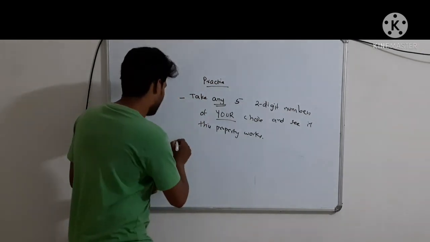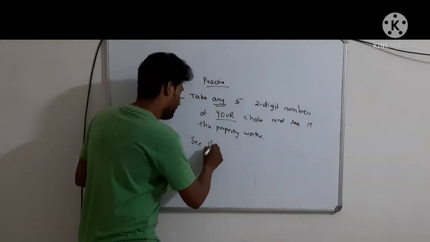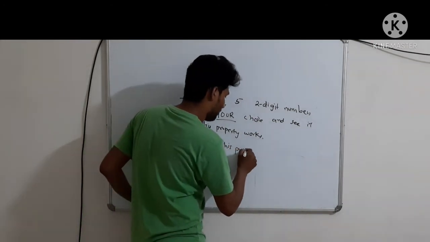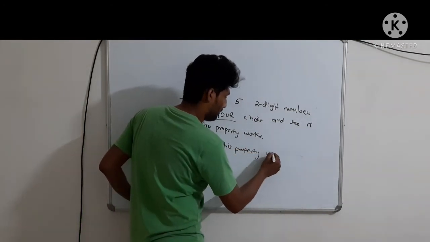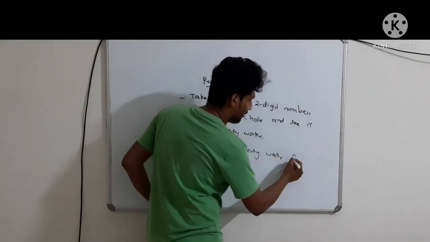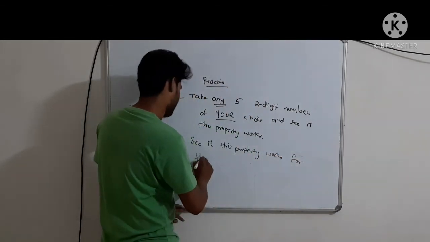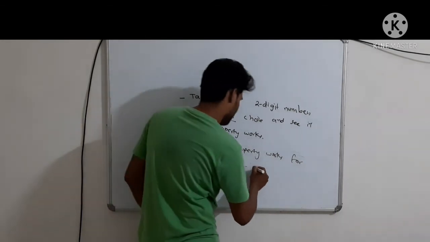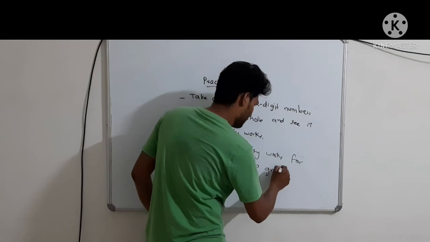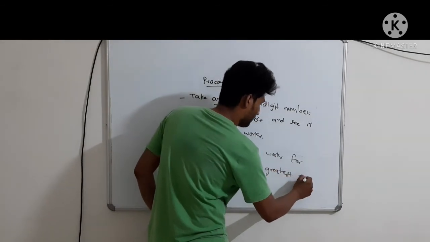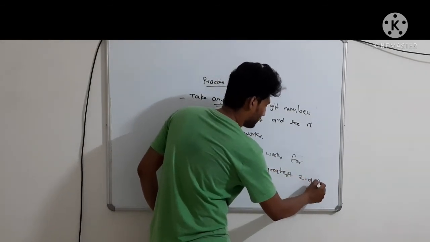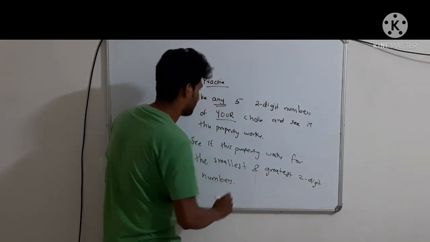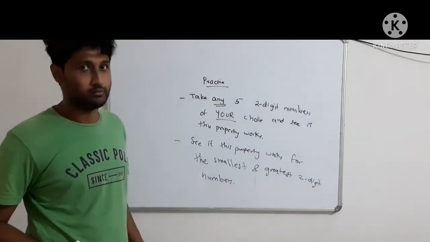Okay? Second, see if this property works for the smallest and greatest two-digit numbers. These two things you have to do.